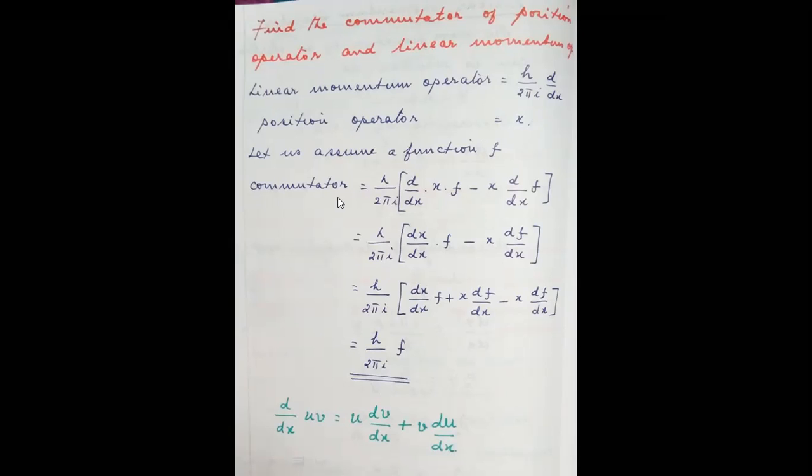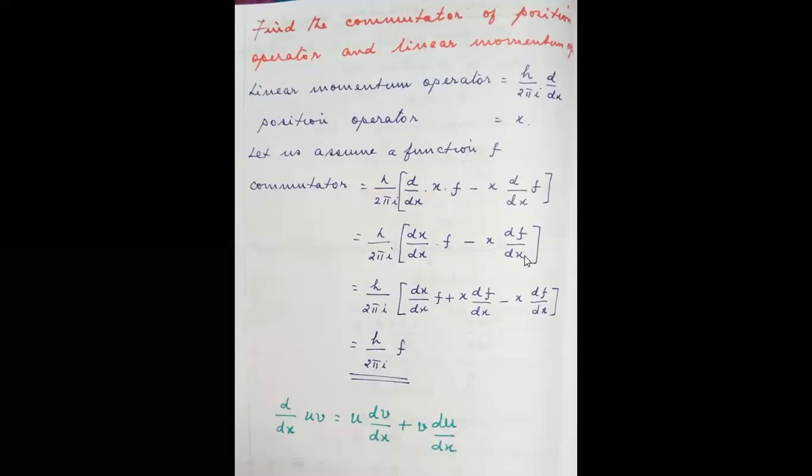This function commutator is equal to, look here, h by 2 pi I can be taken out. So d by dx x f minus, I am changing the sequence of operation, x first and then d by dx of f. So what happens? This becomes d(xf) by dx minus x into df by dx.